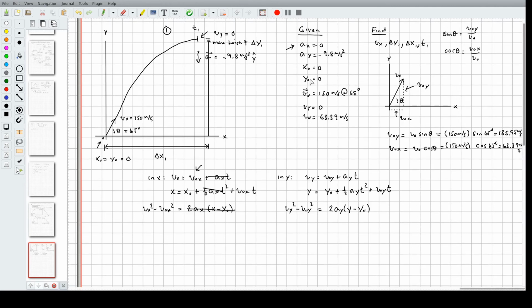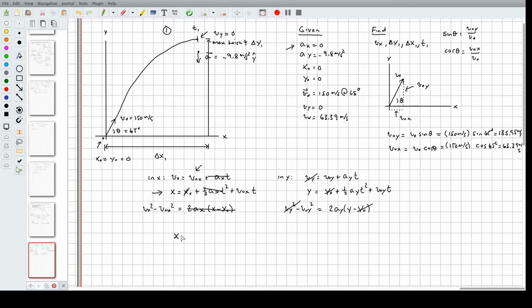And that's because there's no acceleration in the x direction. Now that said, let's go ahead and plug in our stuff here. X naught and y naught are 0. Vy at the top is equal to 0, so that goes away. That goes away. And that looks to be about it. So really, this equation right here is the only useful one for the x stuff.